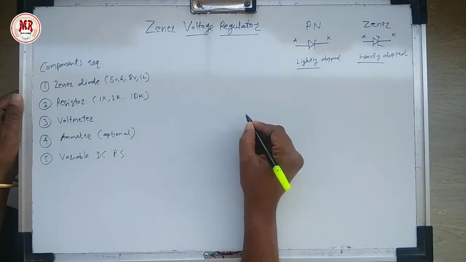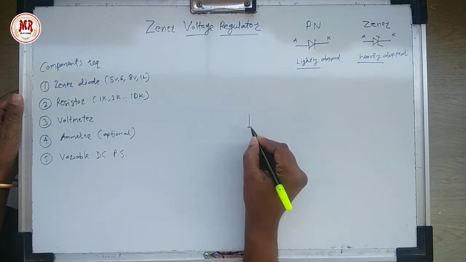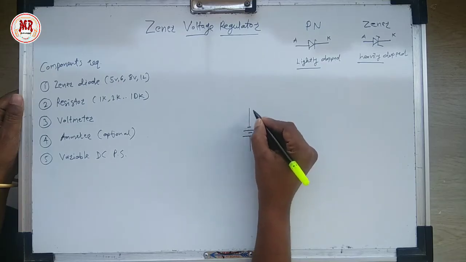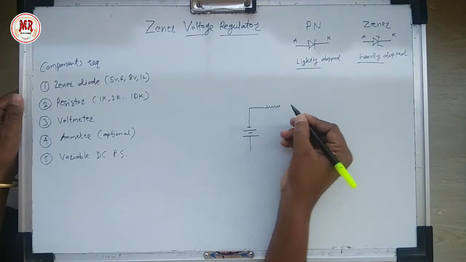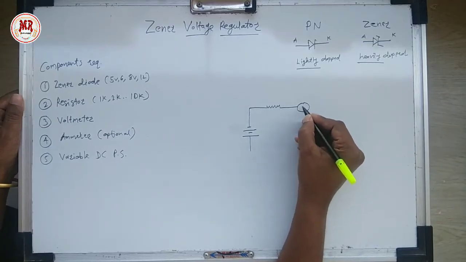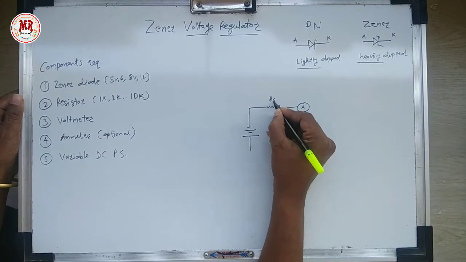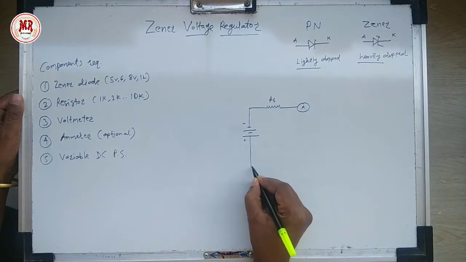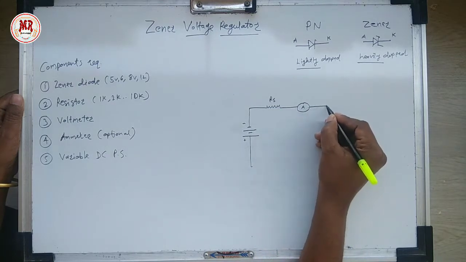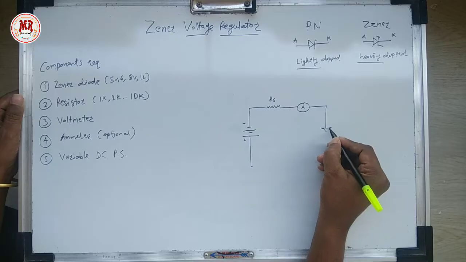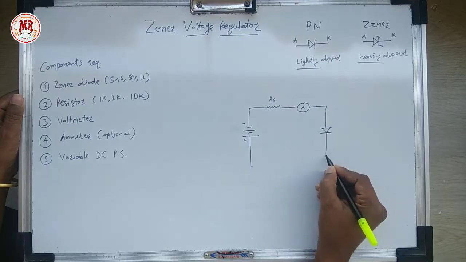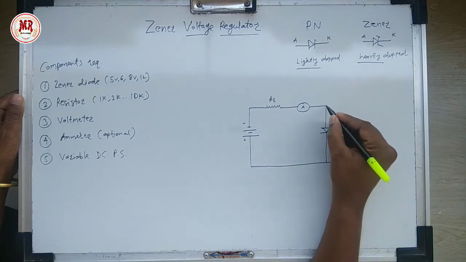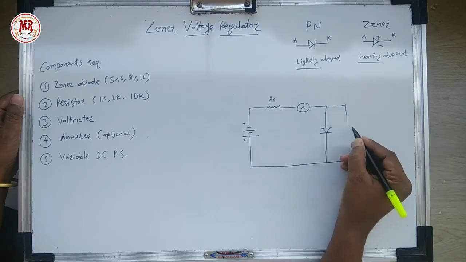Now the circuit diagram of Zener voltage regulator. Please note that Zener diode is connected in reverse bias to operate as a voltage regulator.